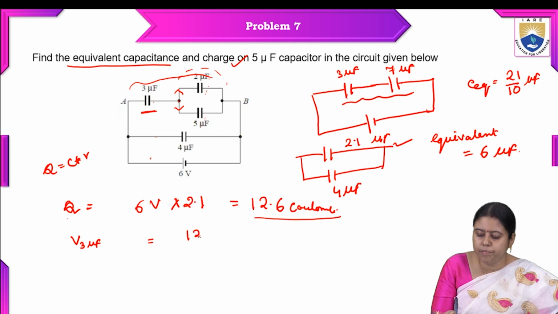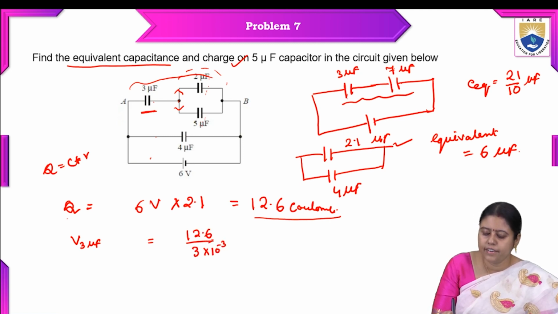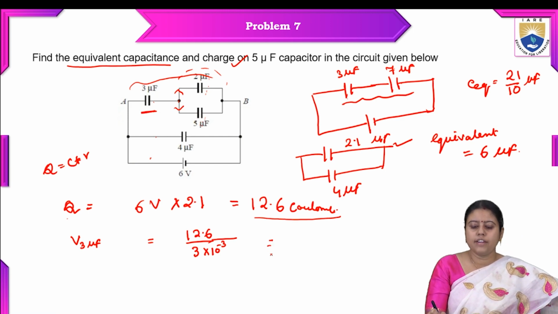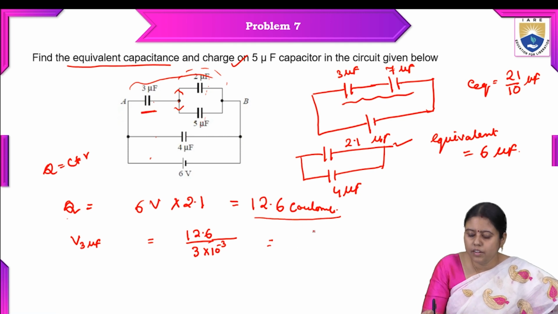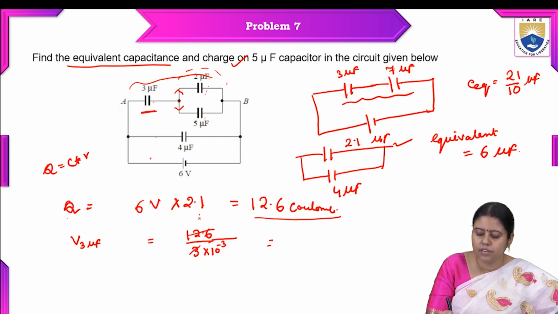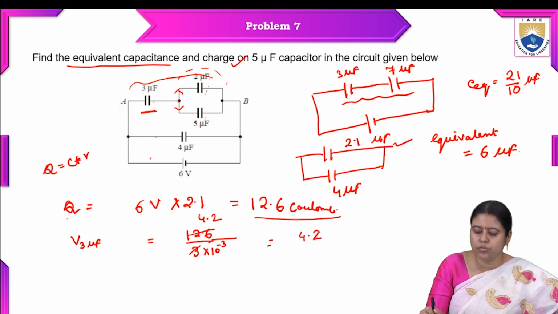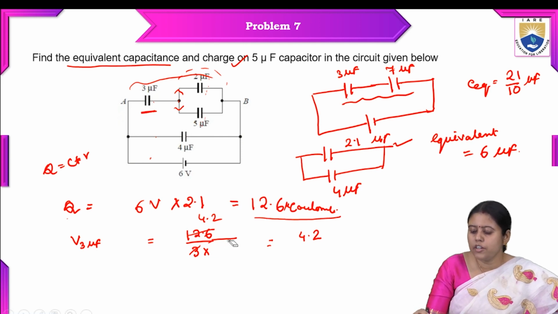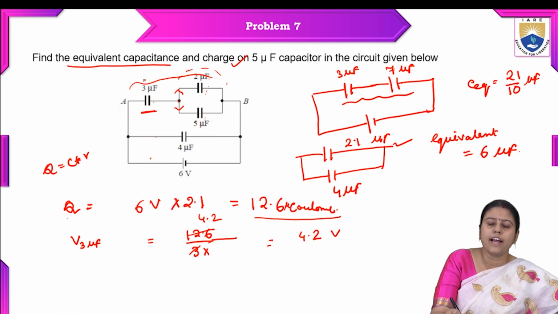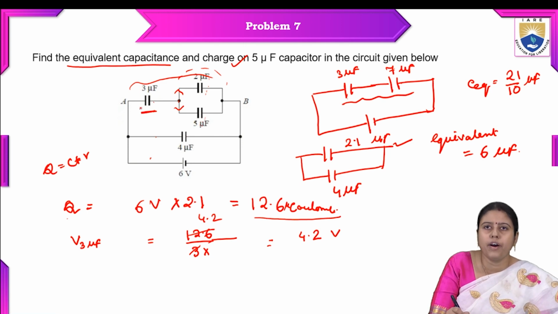The total charge 12.6 divided by 3 microfarad, if we calculate, the voltage is 4.2 volt. So the voltage across the 3 microfarad is 4.2 volt.